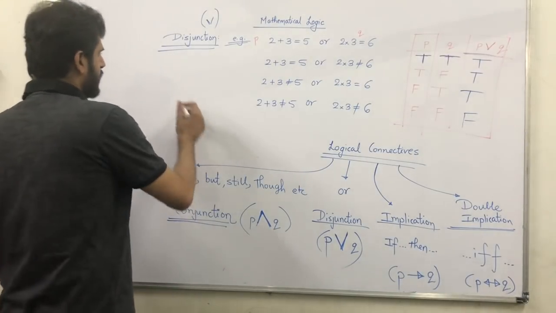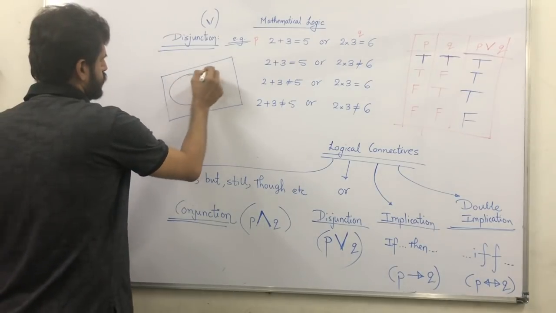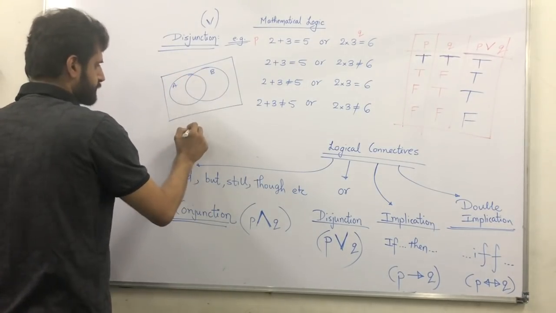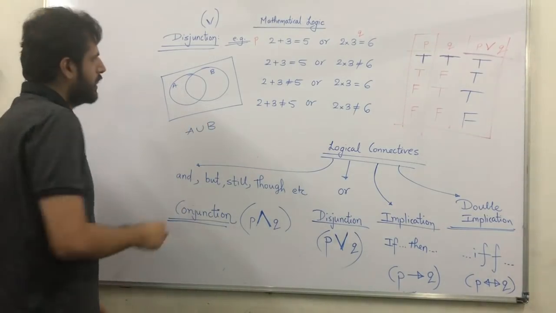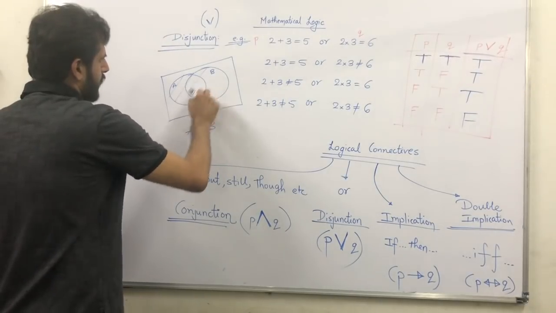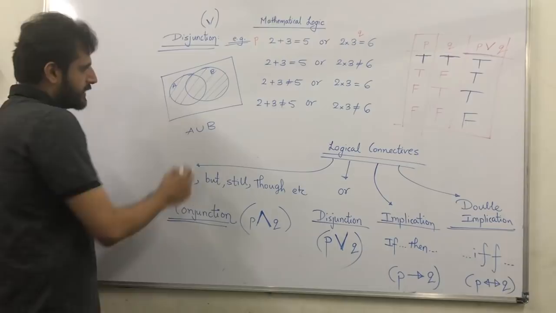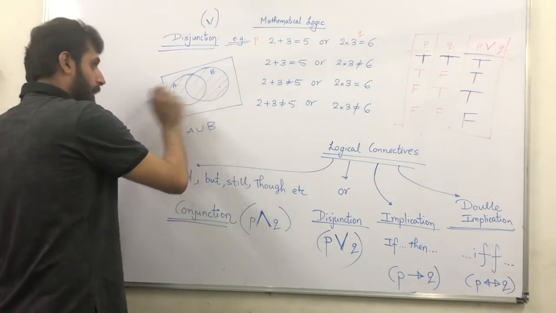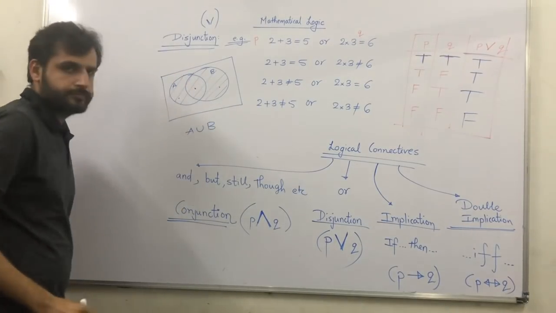In set theory, you can show a region which is A union B. So A union B is like you can combine both the regions. This is what you're talking about. So it can be either A or B, only A or only B, or you have both.